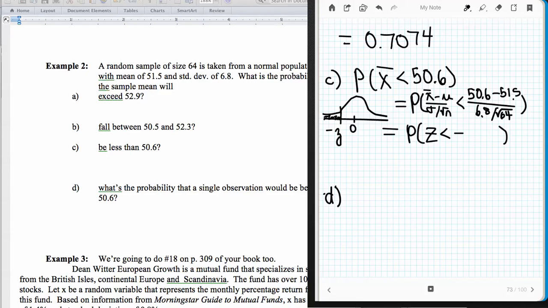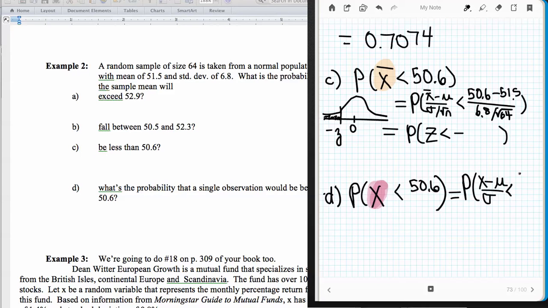But let's take a look quickly at the very last part of the example. What's the probability that a single observation would be below 50.6? Now this one's different. This is not the average, it's a single x. Before, we had an x bar. Here I want a single random variable, so I have just an x, and that's the difference between those. There's not going to be any difference in my value. There's only going to be a difference in my standardization.